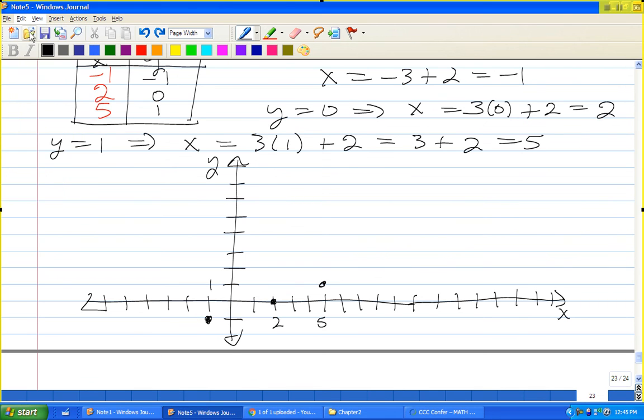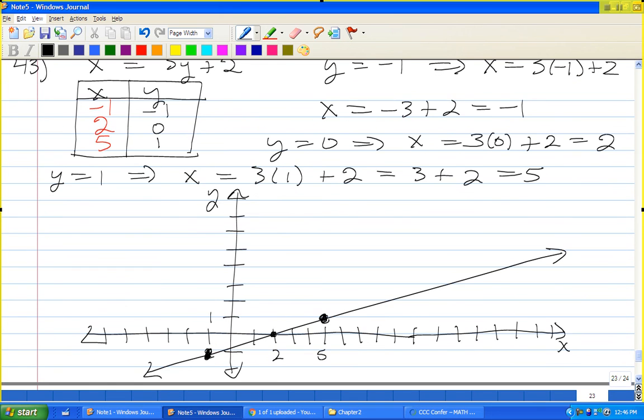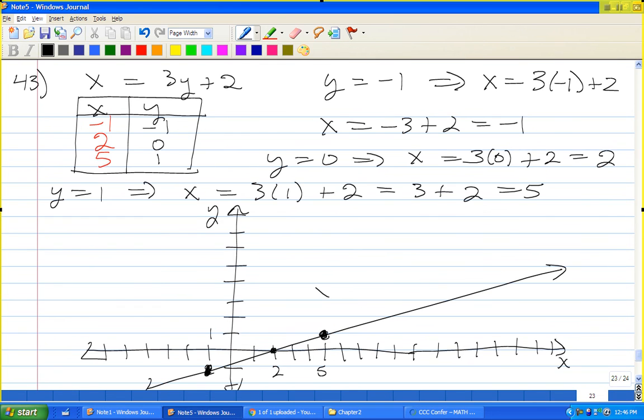It's not as easy as one thinks. Okay, that's good enough. I'm off by the same amount as before. So I'm sketching the graph of x equals 3y plus 2.